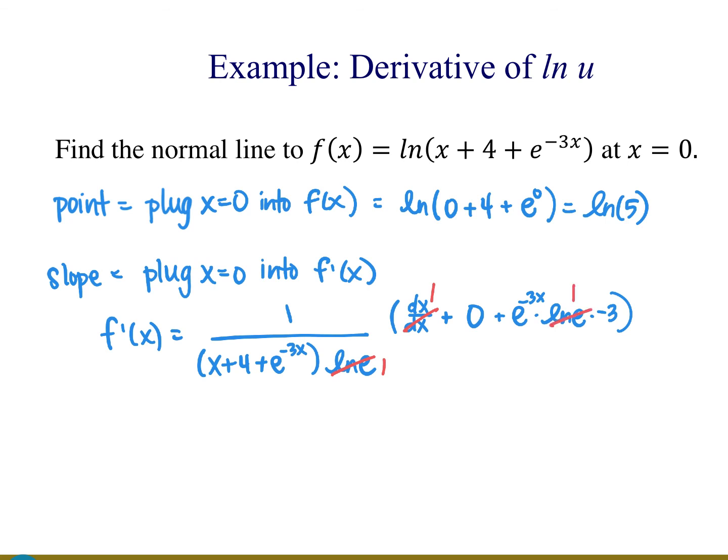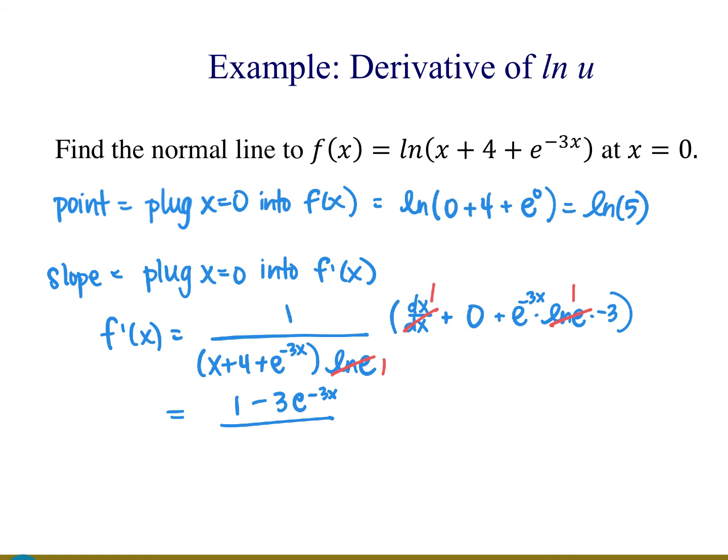So let's see what we have. What is left in the numerator? Well, it looks like I have 1 plus, how about minus 3 e to the negative 3x.